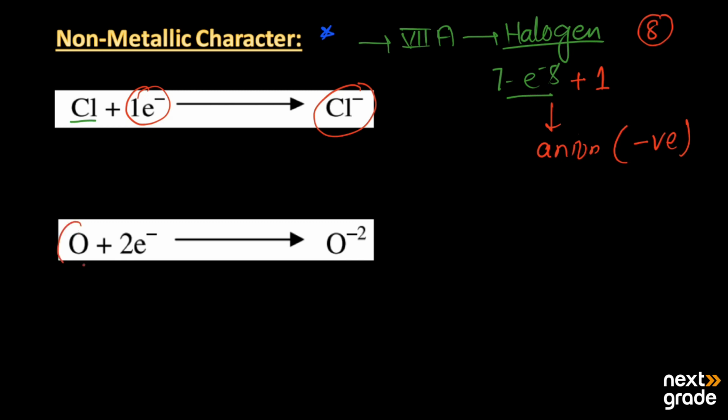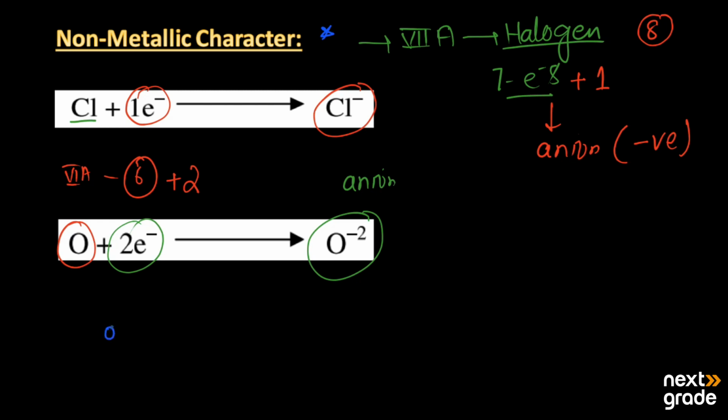On the other hand, we have oxygen. It belongs to group 6A and contains 6 electrons in its valence shell, so it requires just 2 more electrons to complete its octet. By gaining 2 electrons, it acquires the charge -2 and changes into an anion. In the picture of oxygen, in the center we have the nucleus, and around it the first shell, and this is the second shell, which has 6 electrons.